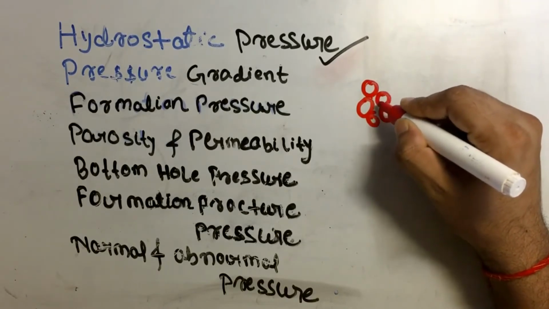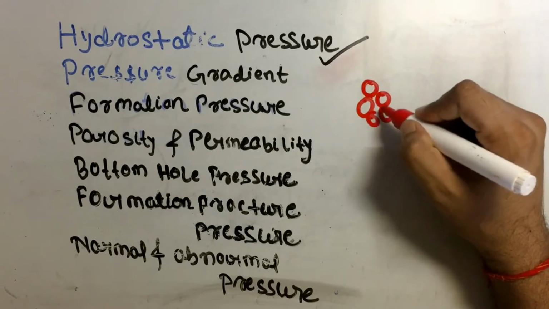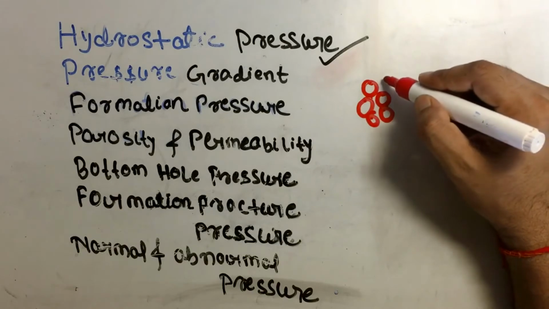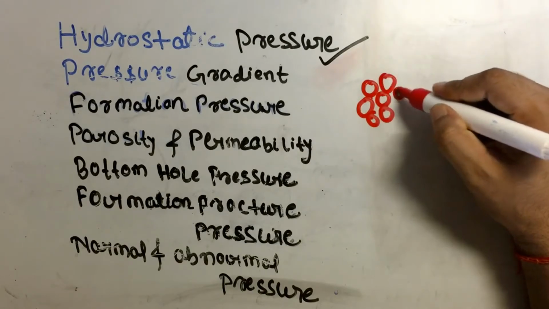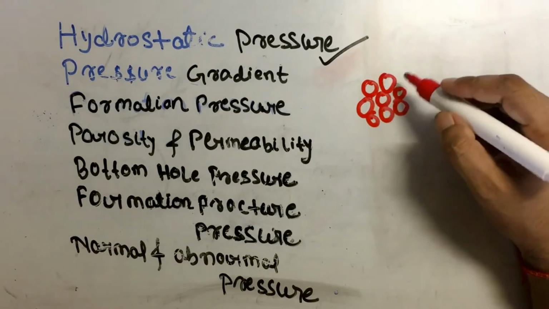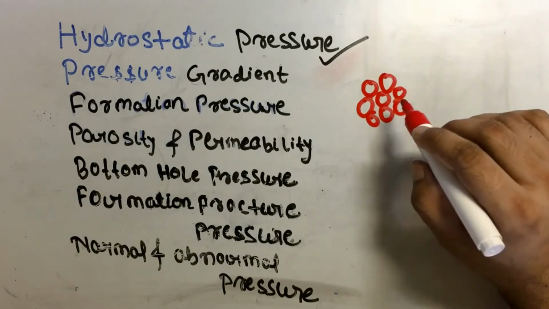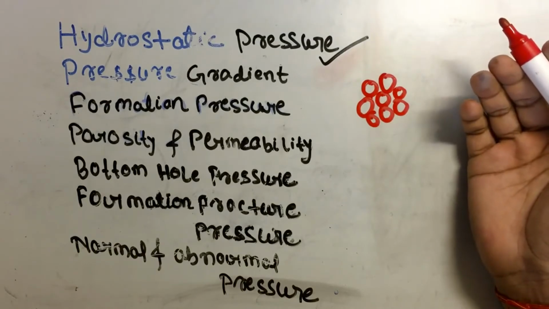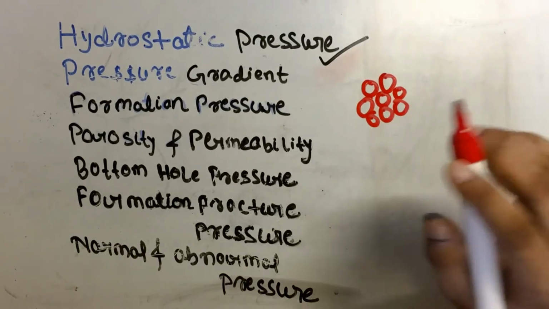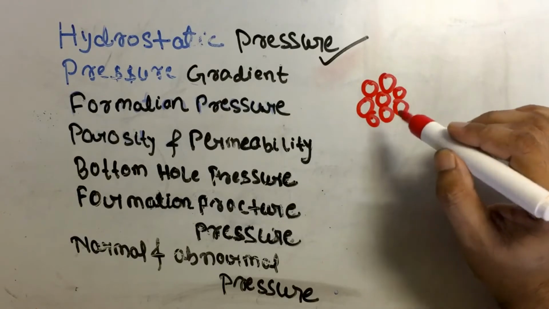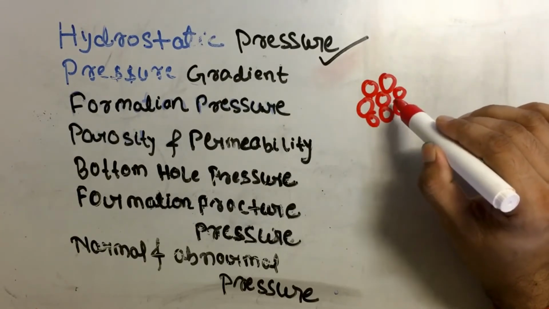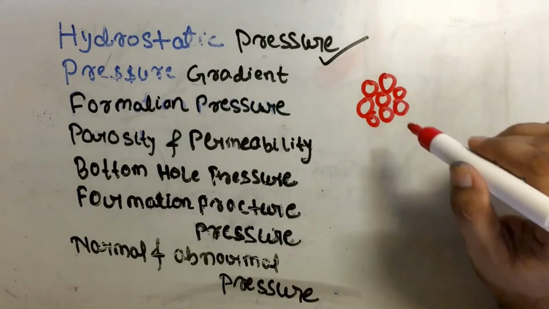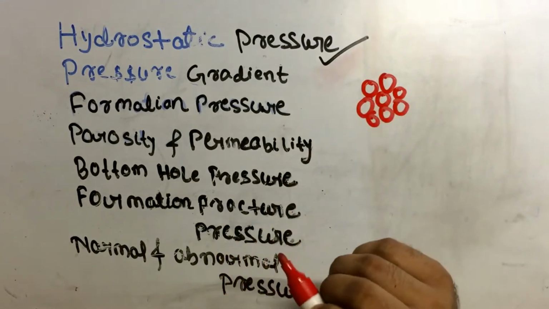This is the grains, and the space between the grains is known as pores. So fluid is trapped in between these. If they are packed tightly, the pore space is often filled with salty water and sometimes with oil and gas. There is salty water, fresh water, oil and gas; anything can be in this space.